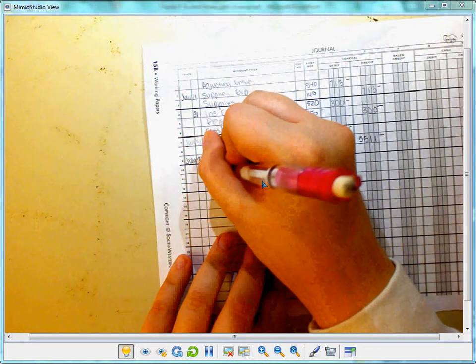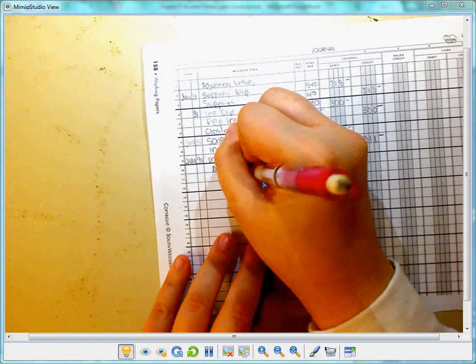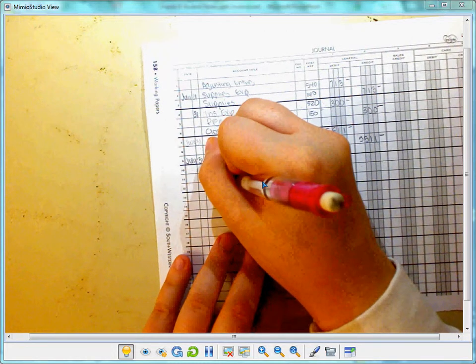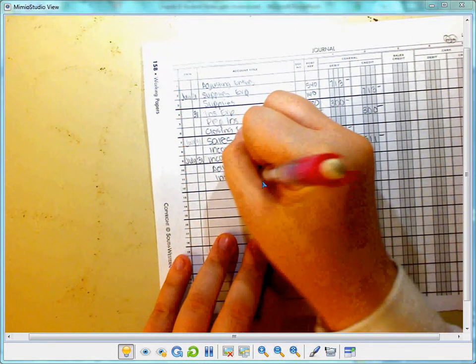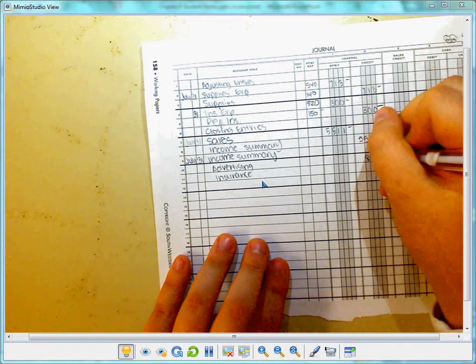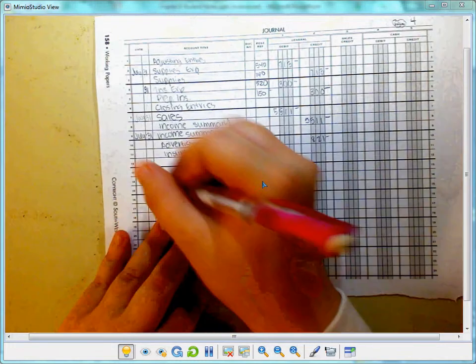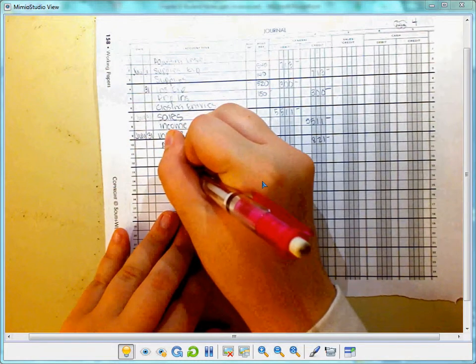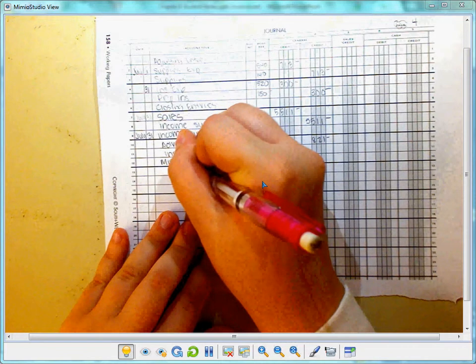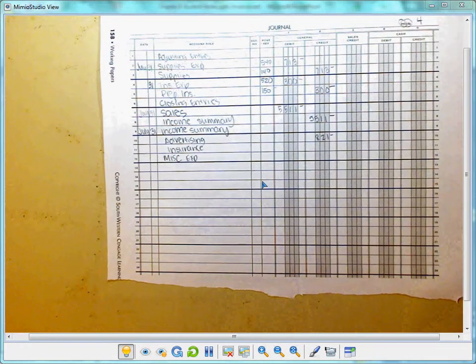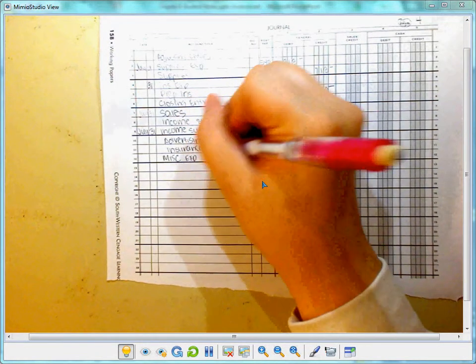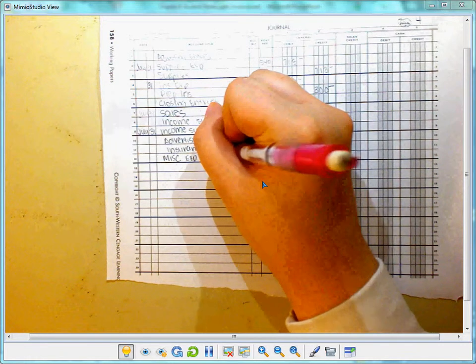So our first one is advertising expense. And it's a credit of $821. Next is insurance expense. You need to write expense on those, please, Caitlin. An insurance expense is a $300 credit.